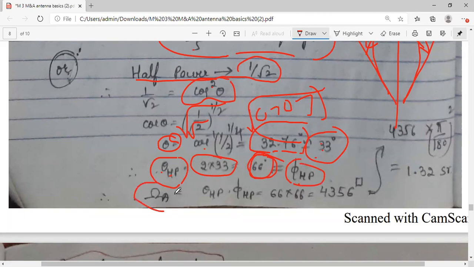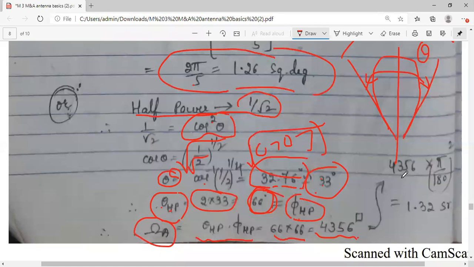So if I want the beam area, this is the formula, product of these two, theta and phi, 66 into 66, you will get 4356 square degrees. अगर आप इसको steradian में calculate करोगे, pi by 180 whole square, I will get 1.32 steradians. So यहाँ पर देख सकते हो आप, what is the answer? 1.26.